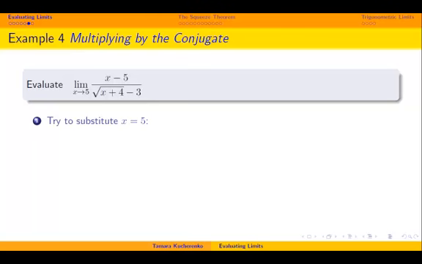We try to substitute x = 5 and get (5 - 5) over (square root of 5 + 4, minus 3), which is 0 over 0.